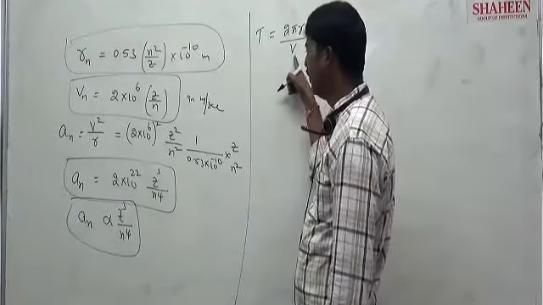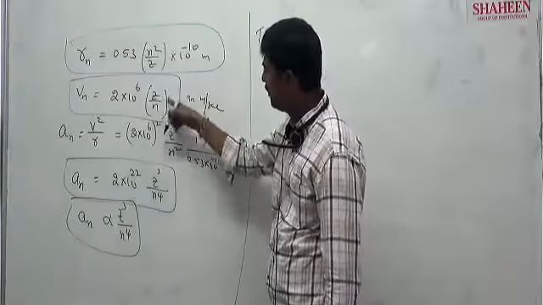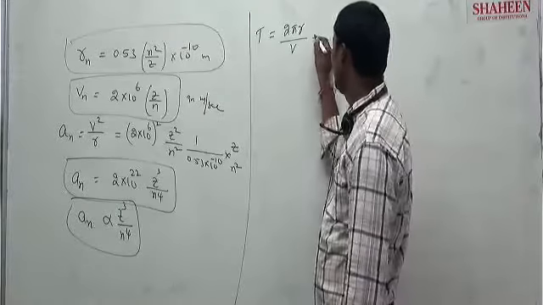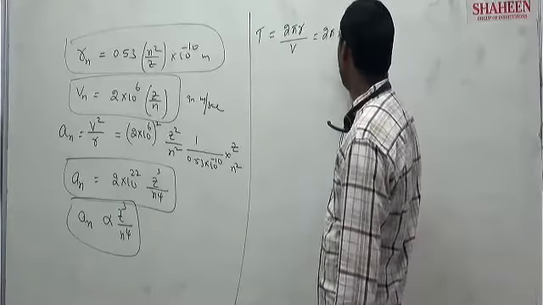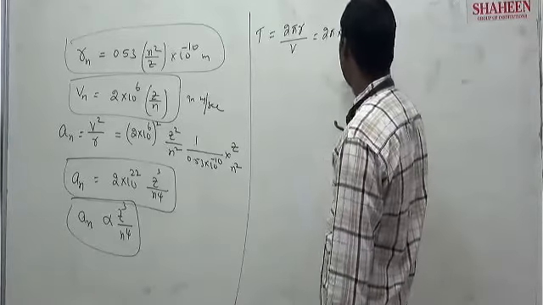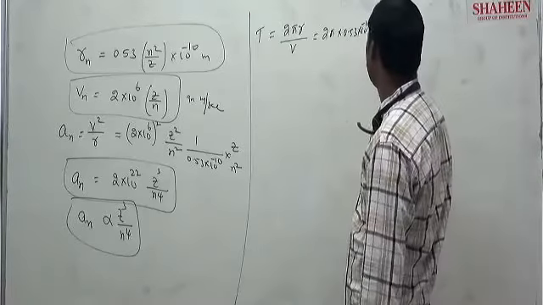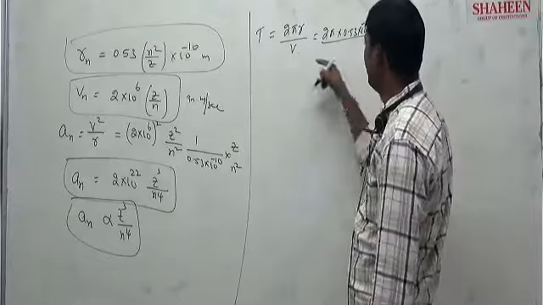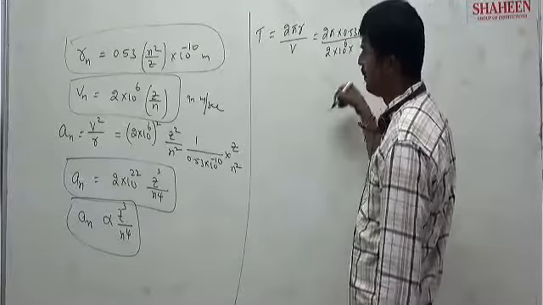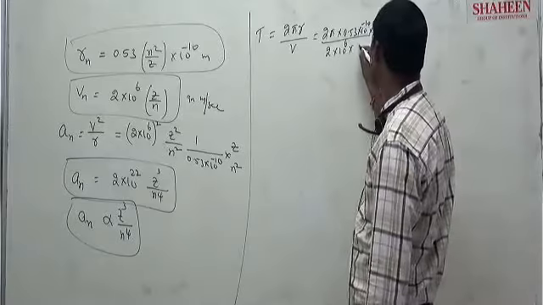So r and v we know. I will substitute r: 2 pi into 0.53 into 10 to the power of minus 10 into n square by z, divided by v value 2 into 10 to the power of 6 into z by n.